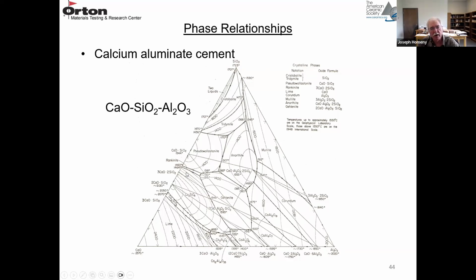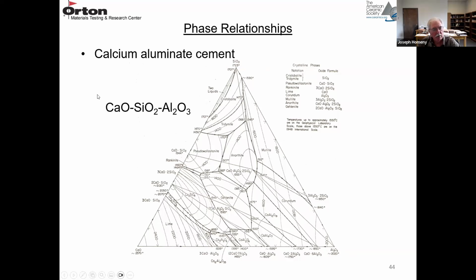Here's a ternary phase diagram between SiO2, Al2O3, and CaO. So SiO2, Al2O3 has one compound, mullite. So we went over this phase diagram quite a bit when we talked about aluminosilicates. So these all produce stable high temperature compounds such as alumina and mullite.